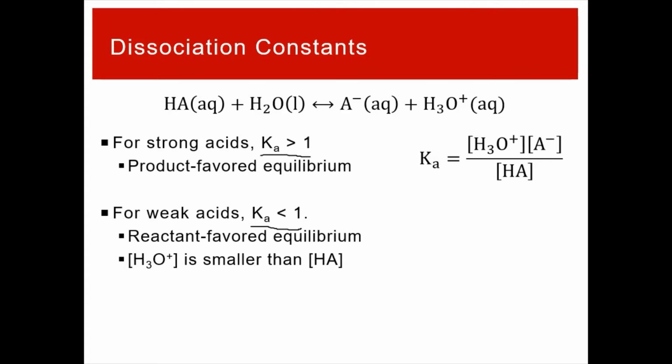So this would be a reactant favored equilibrium. That's the same thing as saying the reactants mostly just stay reactants. You don't make a lot of products. Less product will be produced than the amount of reactant you start with. In this case, not all of the acid you put in becomes hydronium. So that hydronium concentration will be smaller than the initial concentration of acid.